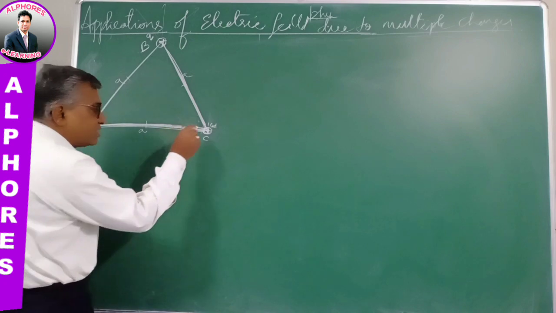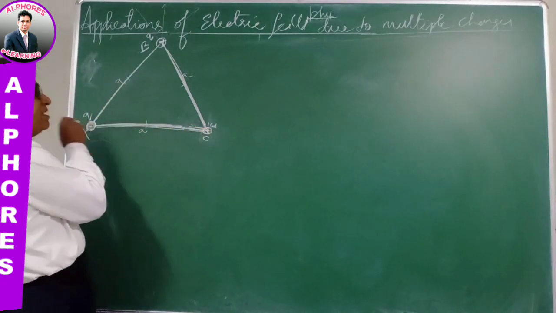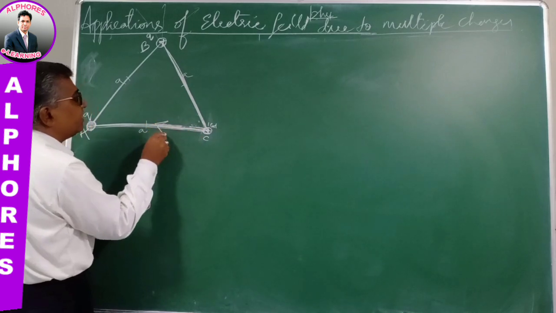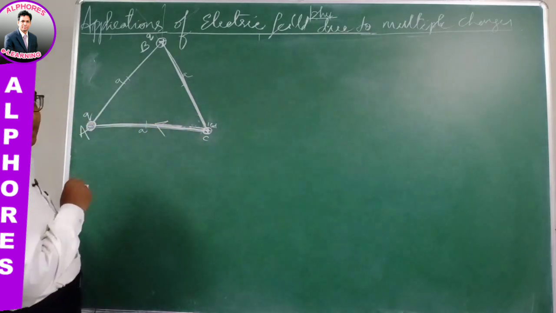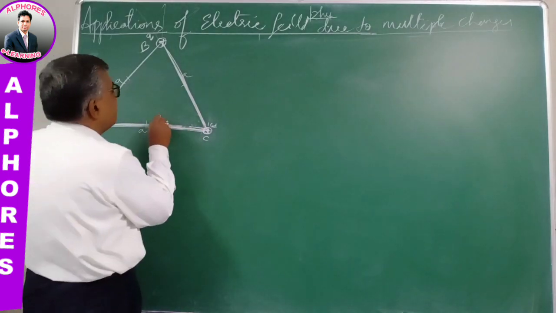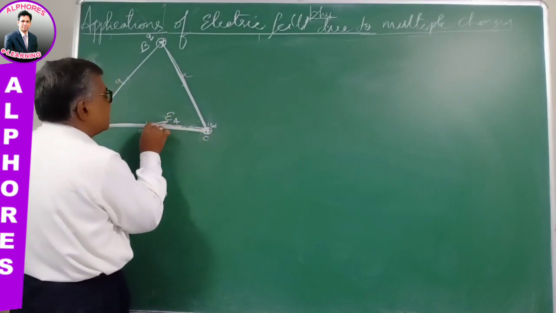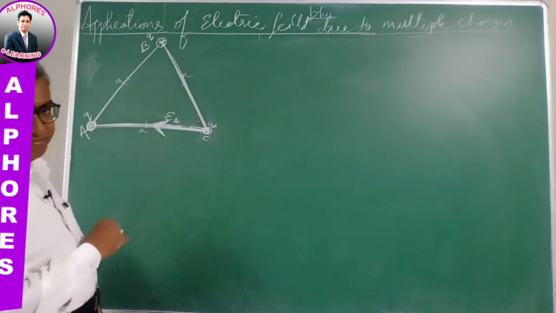This positive test charge will be attracted by this negative charge. Therefore the force experienced by the positive test charge is in this direction, it is EA, towards the charge, like this.